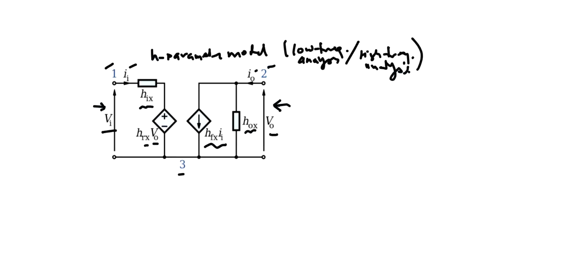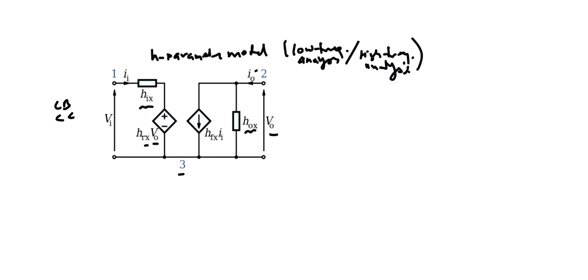Now, the question here is, we saw this for the common emitter case earlier. What about the parameters for the other two remaining configurations, common base and common collector? We are going to write that in a moment.